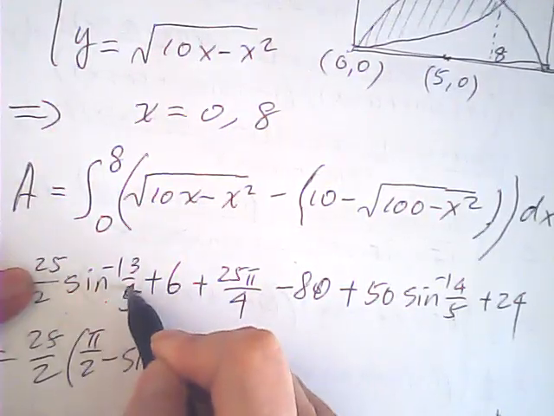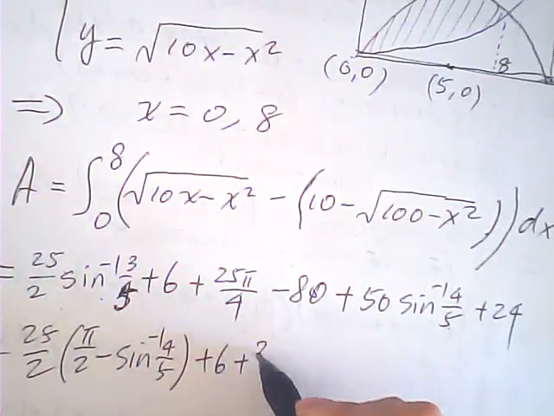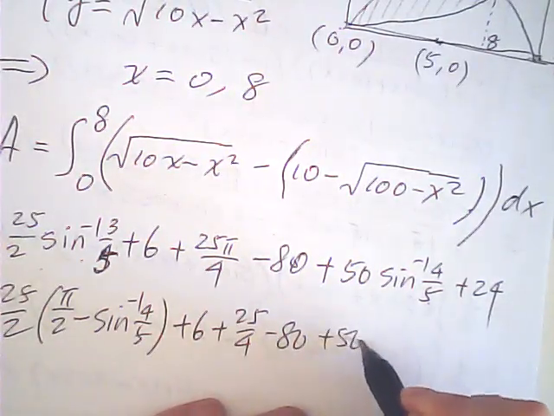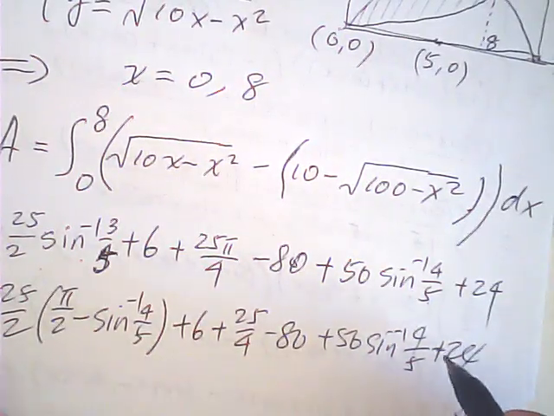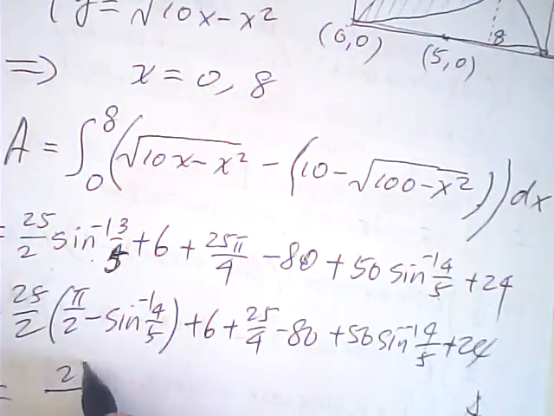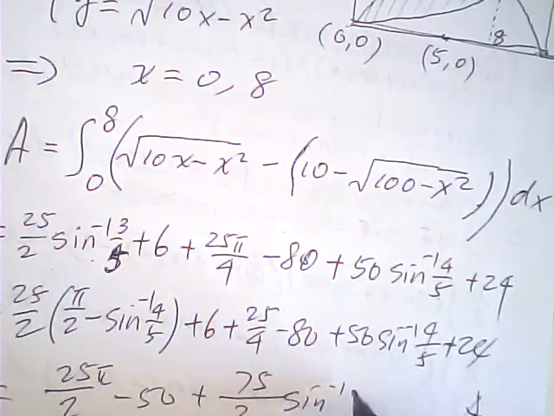That's 3 over 5, right? Sorry. Plus 6 plus 25 minus 80 plus 50 arc sine 4 over 5 plus 24. Then you simplify together, get 25 pi over 2 minus 50 plus 75 over 2 arc sine 4 over 5.